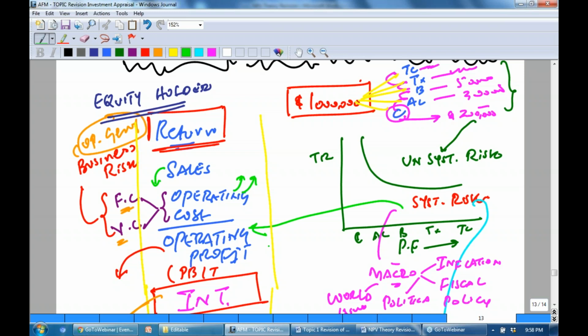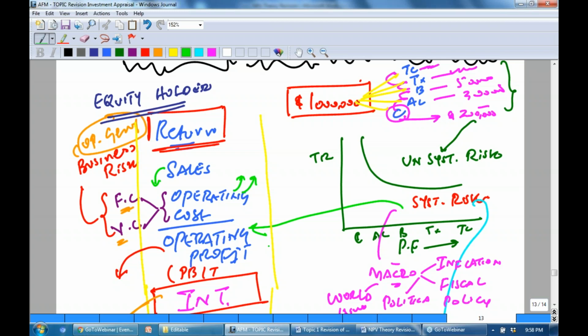In a particular industry, there are different companies, but the systematic risk affects all the companies of the particular industry in the same manner.